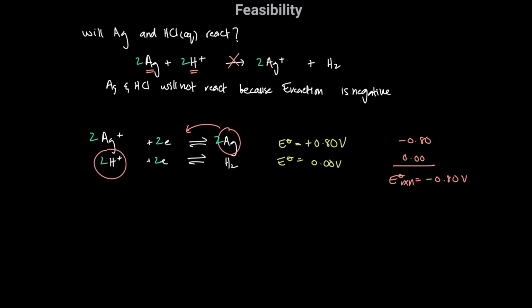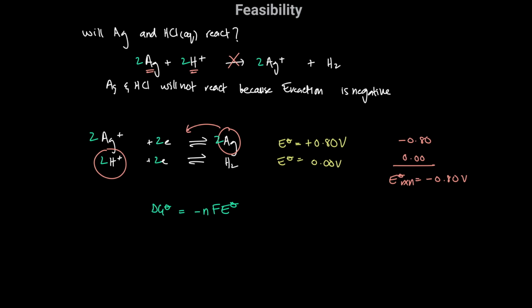Over here, we know that the standard Gibbs free energy change for this reaction, delta G, is equal to minus n F E naught. Again, n is the number of moles of electrons, F is Faraday's constant, that's the charge on 1 mole of electrons, and E naught is the overall EMF of the reaction or the cell.